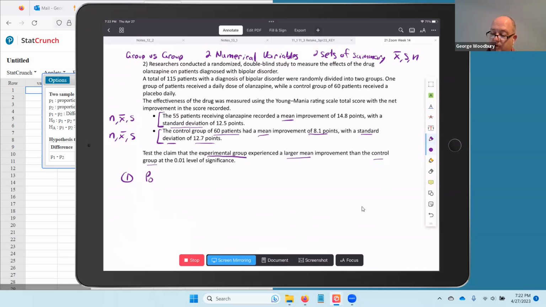Step one, you have to list population number one. Again, that's true for every test from chapter 11. And population one should be the first group mentioned, and that's the experimental group.